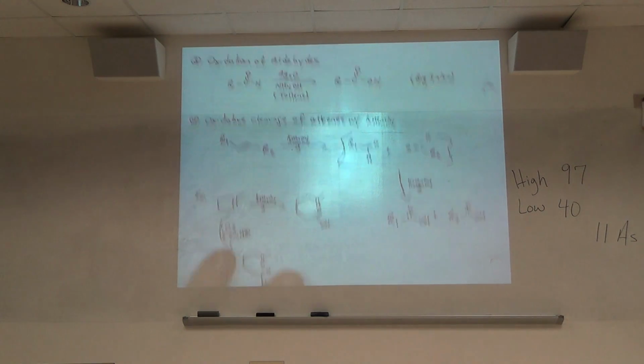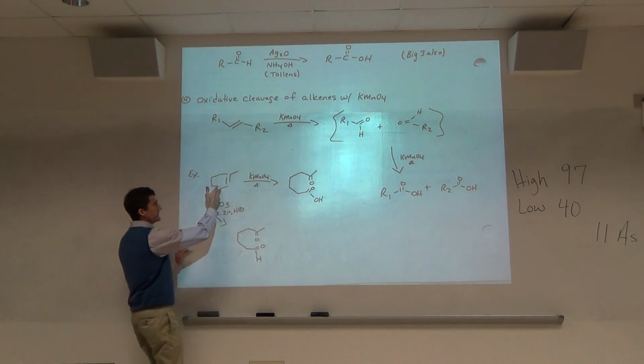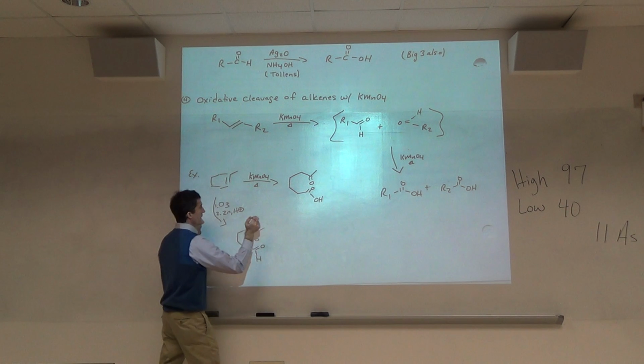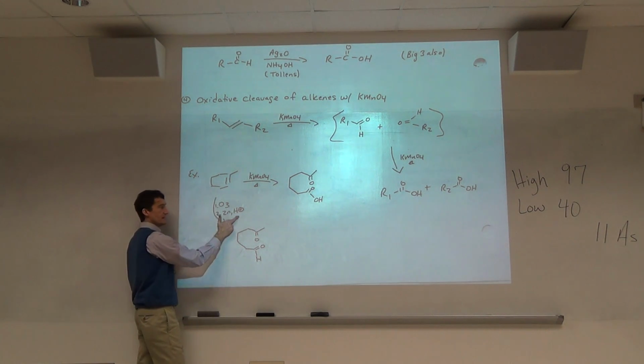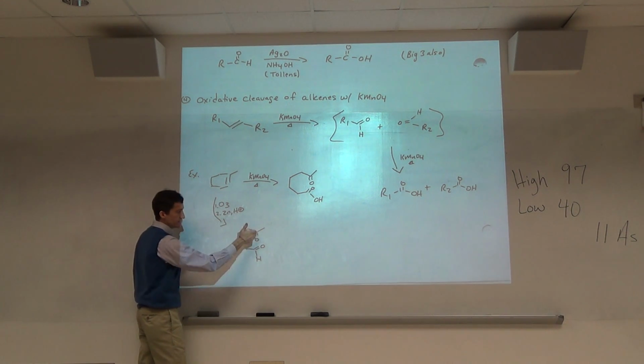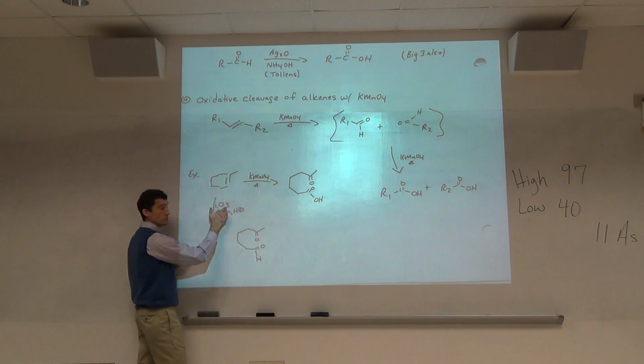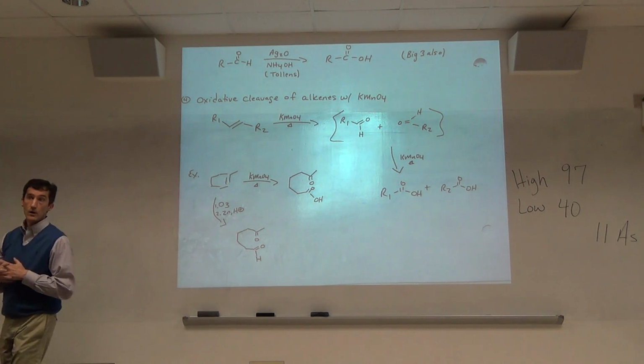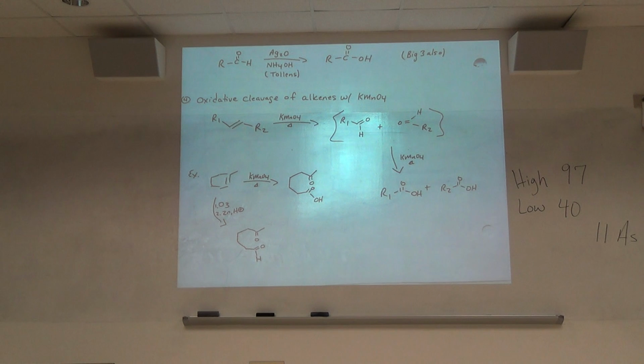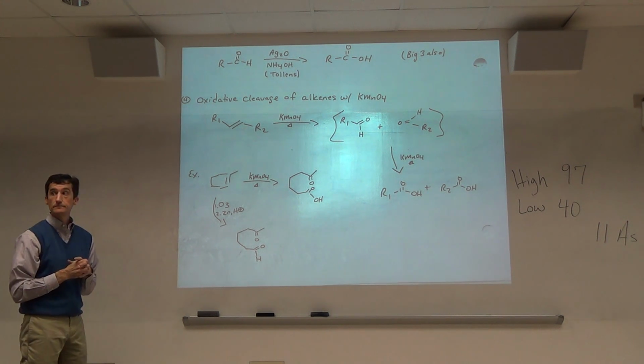And if we compare that to ozonolysis, if this is cleaved with KMnO4 heat, you get ketone acid. Ozonolysis with zinc or dimethyl sulfide workup, you get ketone aldehyde. Aldehyde survives ozonolysis if you work it up with zinc or dimethyl sulfide. Everybody remember all those syntheses? Those are all carboxylic acids.